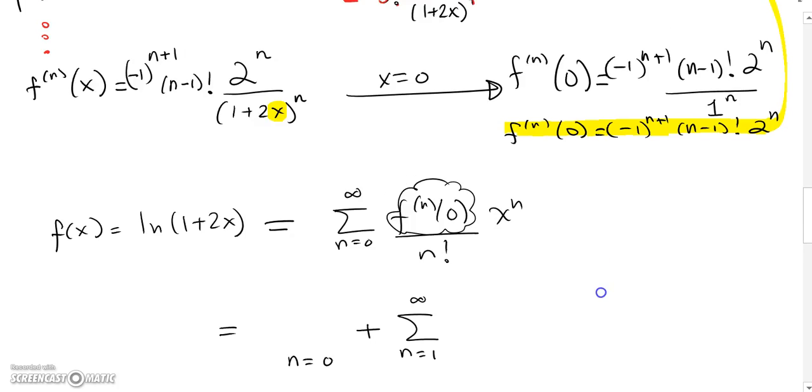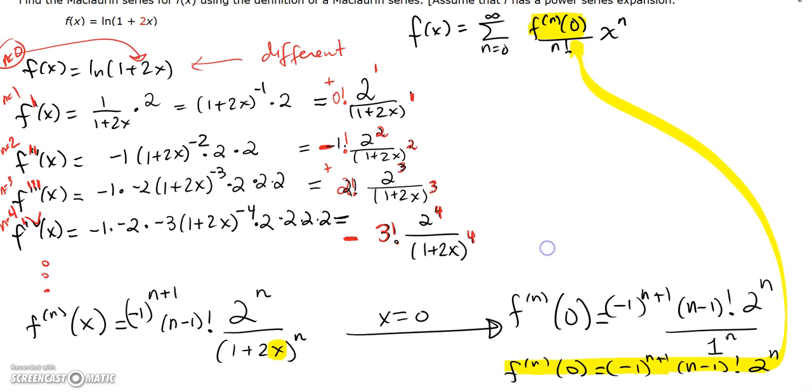I basically have this to evaluate at 0. So when n is equal to 0, I'm simply looking at f of 0. I'm not taking any derivatives, and f of 0 is just ln of 1 in this case, and that's just 0 anyway.